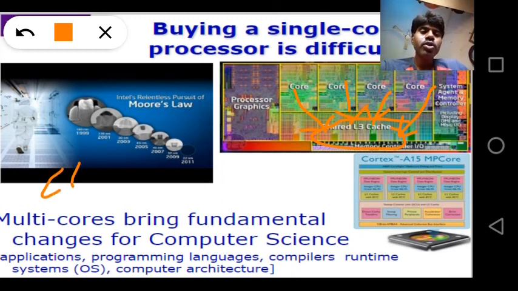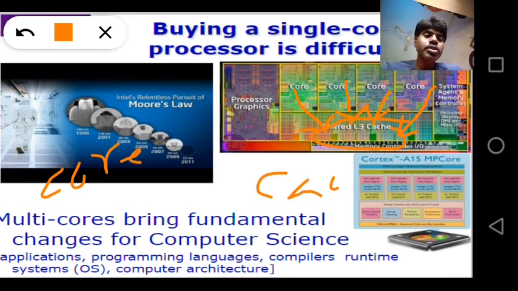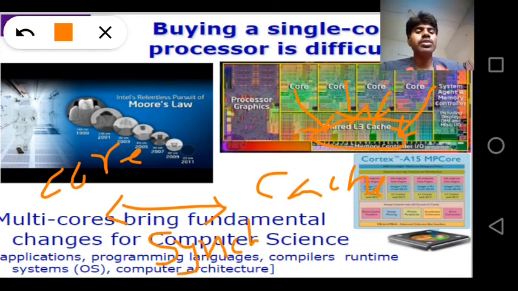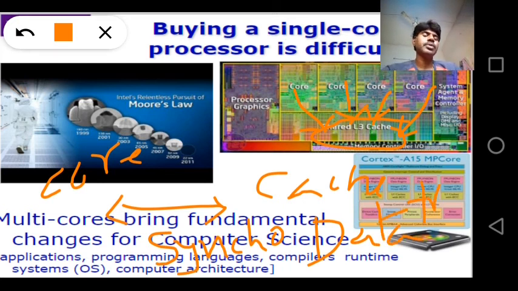The speed of the core and cache is comparable. So we should deploy synchronous data transfer. It is applicable. They can share a common clock because they are very nearby.